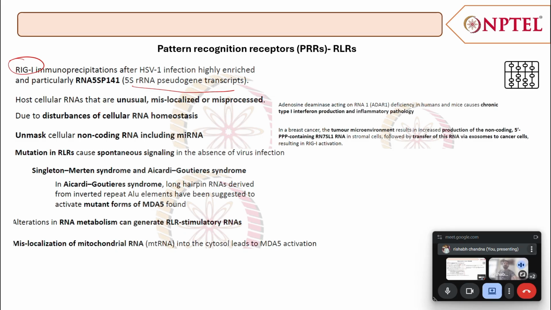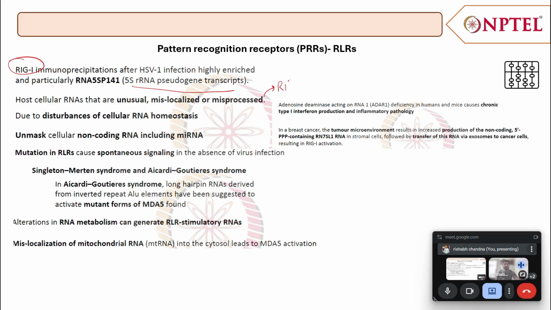Then host cellular RNAs that are unusual, misfolded, or mislocalized or misprocessed are also recognized by RIG1. Okay. So this is not only with the outside viruses or the viruses that infect humans. Any misfolded, misprocessed, or unusual RNAs present in the body are recognized by RIG1.